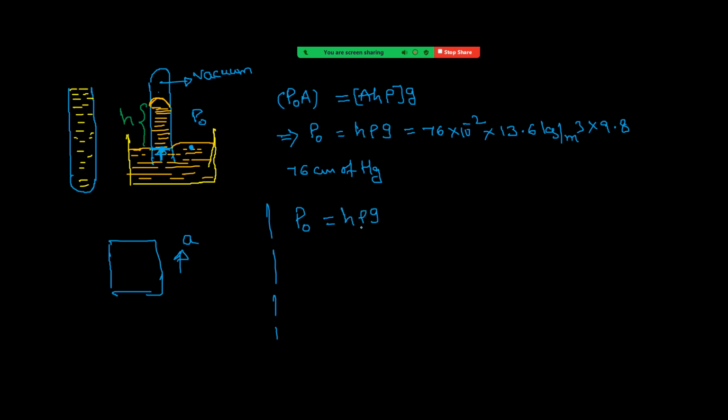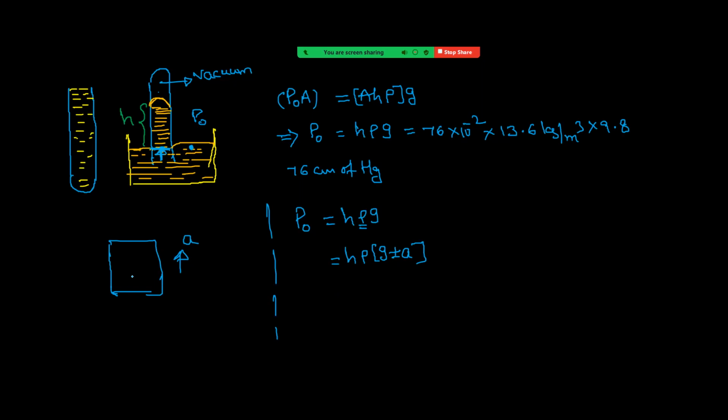In this we can see the density of mercury is a constant. But in the place of g, whenever the lift is having acceleration, we write H rho into (g plus or minus a). Because if you solve the question from the lift frame, we have to take a pseudo force.